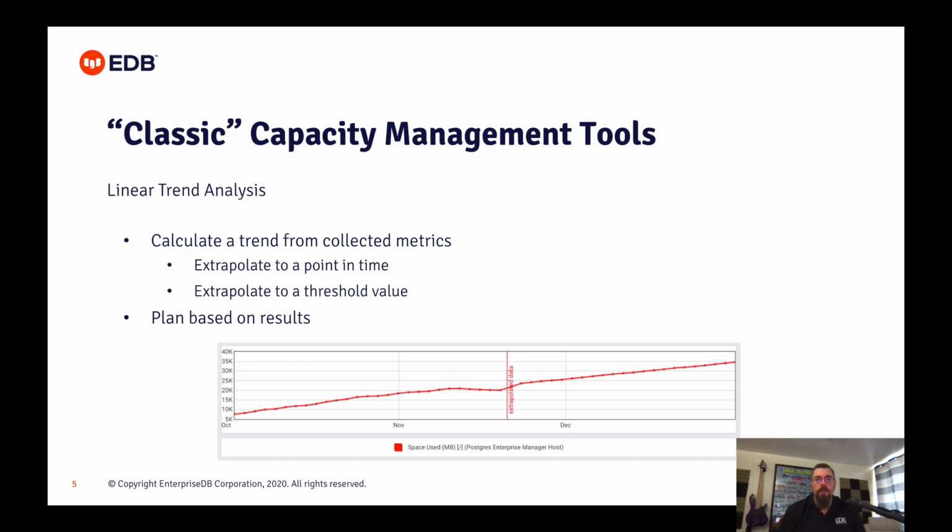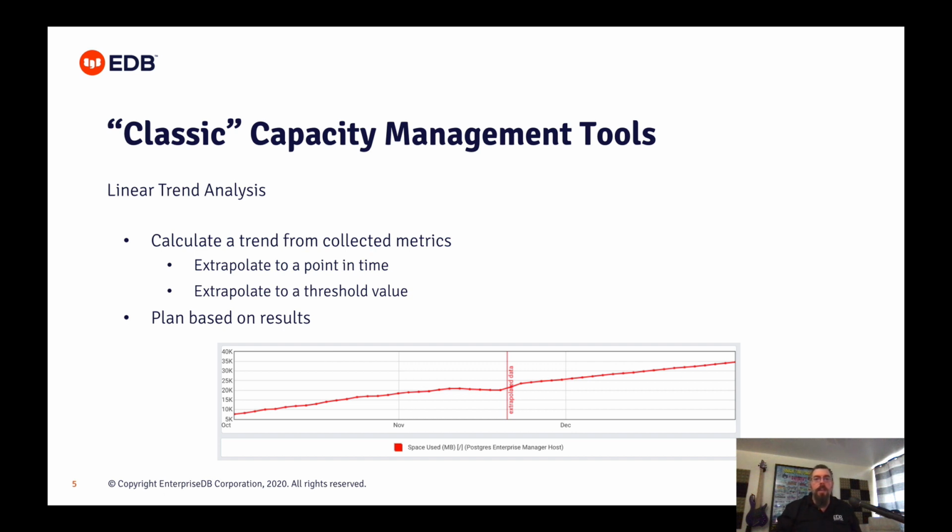Many of these tools, including, for example, EDB's Postgres Enterprise Manager, tend to use things like linear trend analysis to do capacity management reports. So we'll collect a bunch of metrics over time. We'll monitor the amount of disk that's used every 5 minutes, 10 minutes, or whatever.